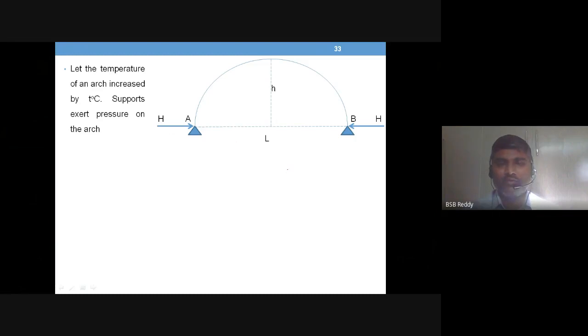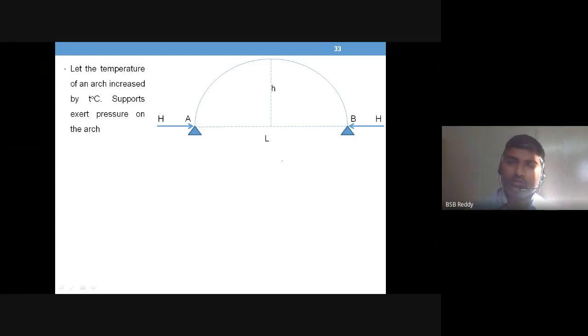So you have already studied the temperature stresses: when a bar of span L is increased in temperature by T degrees centigrade, what could be the change in length, and what will be the stress developed in it. Okay, so that information you have with you. You just recall it once, how the temperature stresses are being calculated.